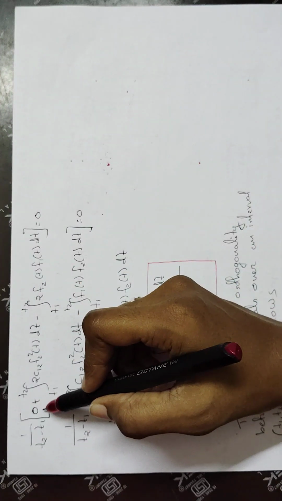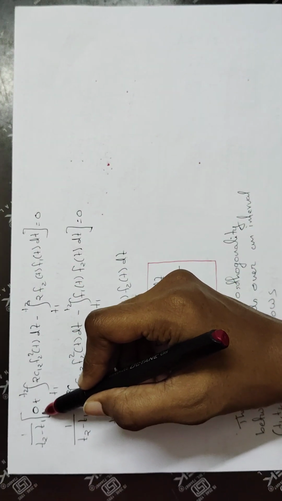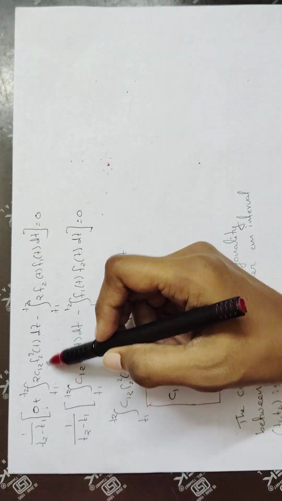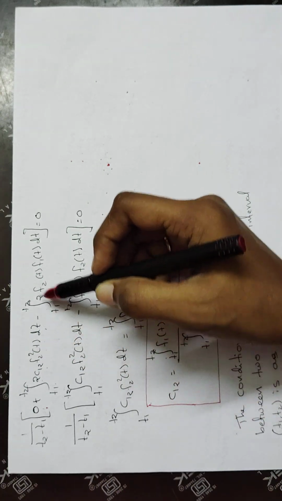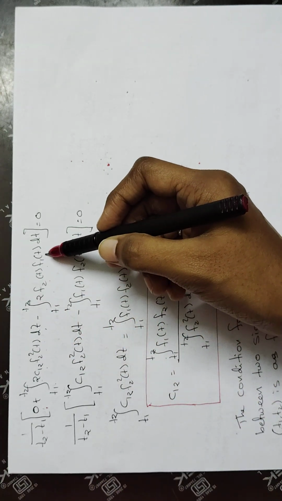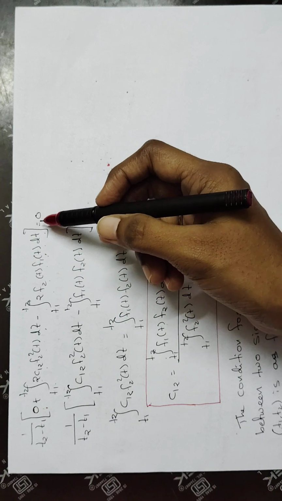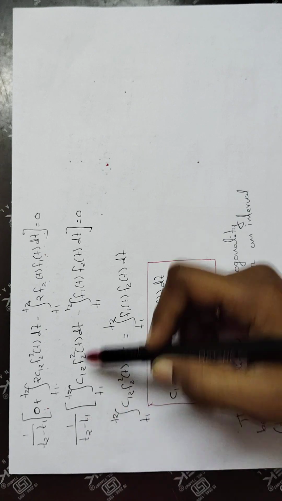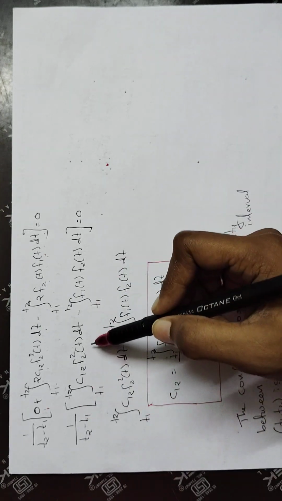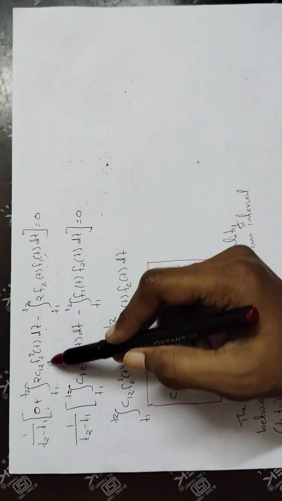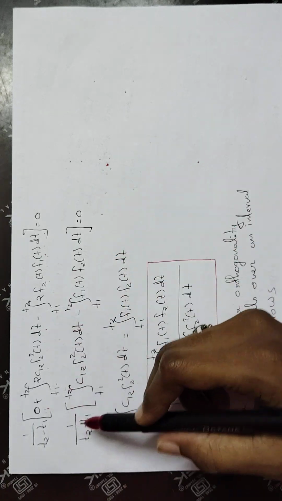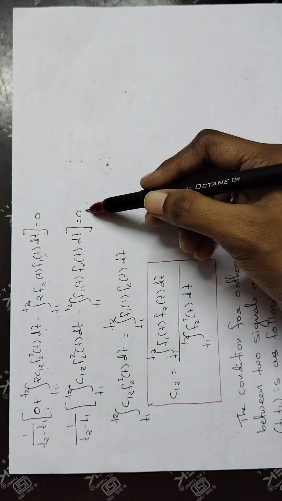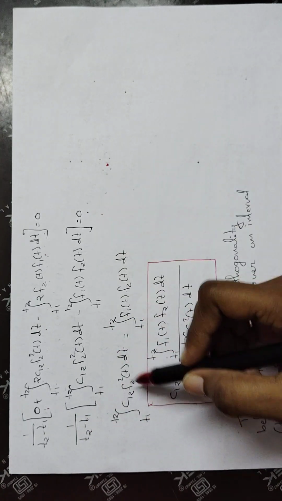Now if there is no c12 component in the first term, this value is 0. So the remaining parts: integration of c12 f2 square of t dt minus integration of f2(t) into f1(t) dt is equal to 0. In this equation, 2 is common, so you send that 2 to the right side part.